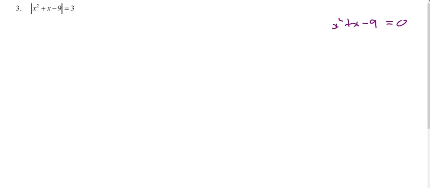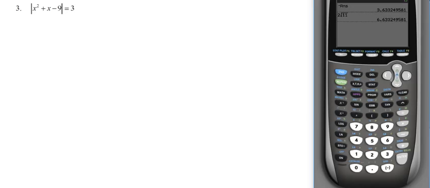Okay, so if we graph this, y equals x squared plus x minus 9.